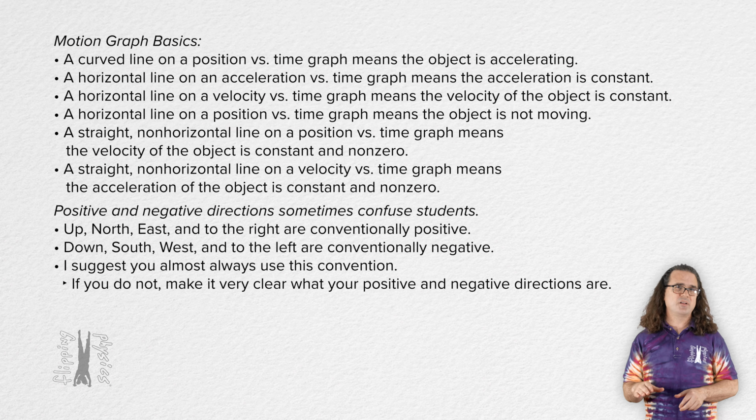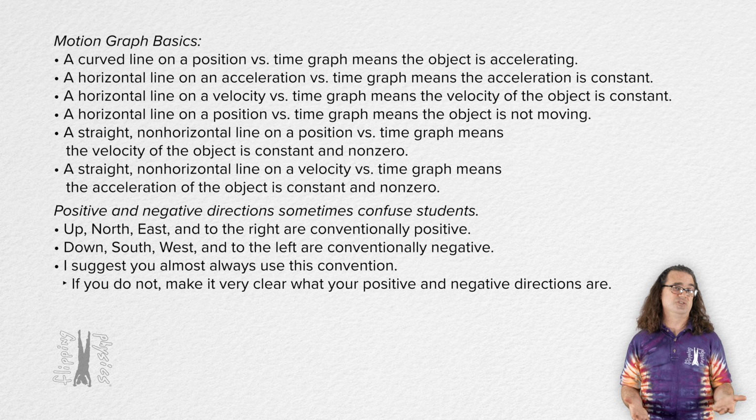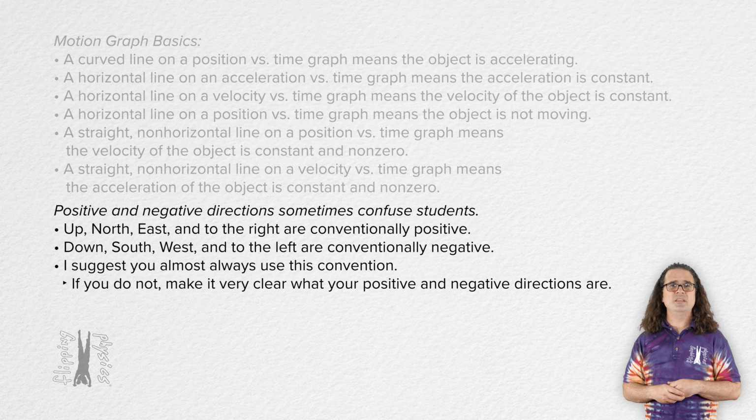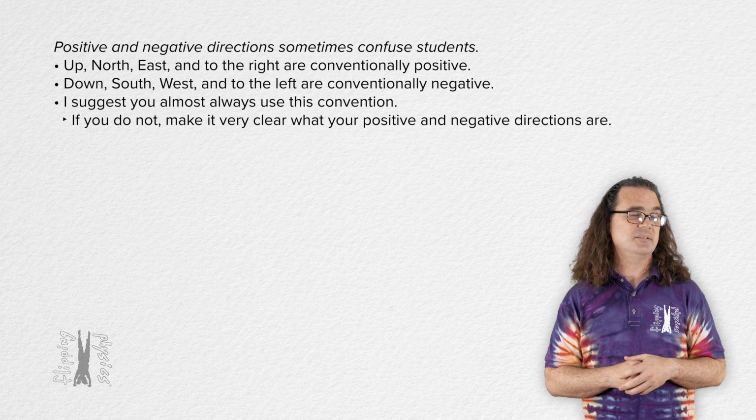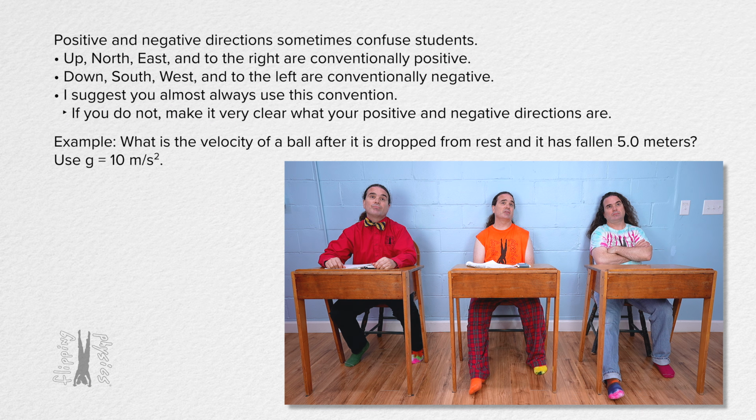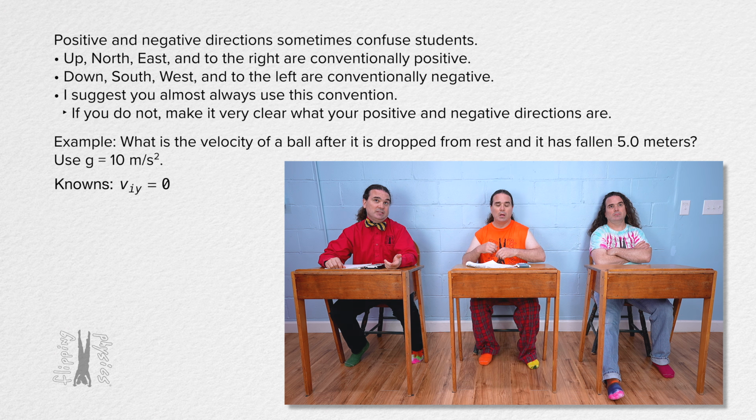Let's walk through a typical example where forgetting that down is negative can cause issues. Bobby, please read the problem, and Billy, please translate. What is the velocity of a ball after it is dropped from rest and it has fallen 5.0 meters? Use the acceleration due to gravity equals 10 meters per second squared. The known values are initial velocity in the y direction equals 0 because it is released from rest.